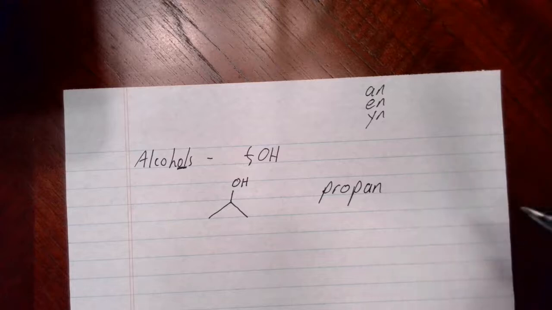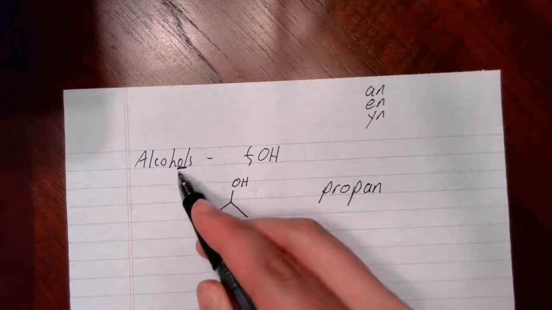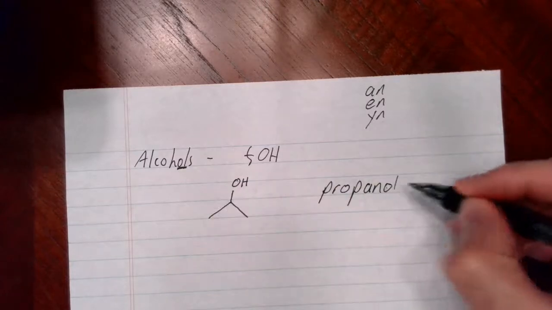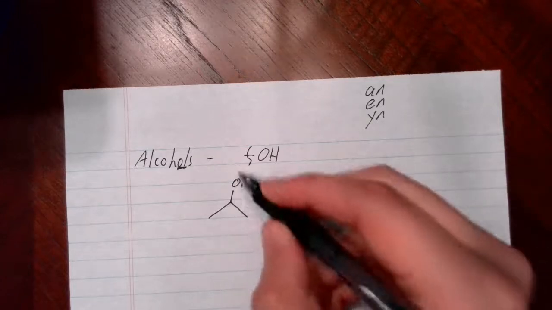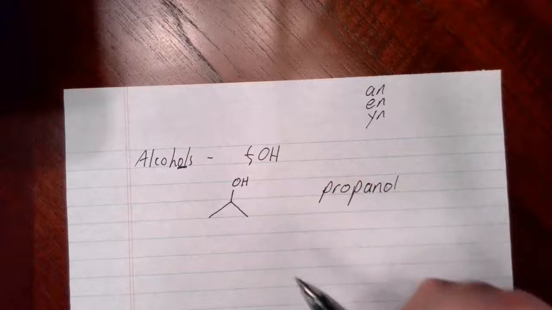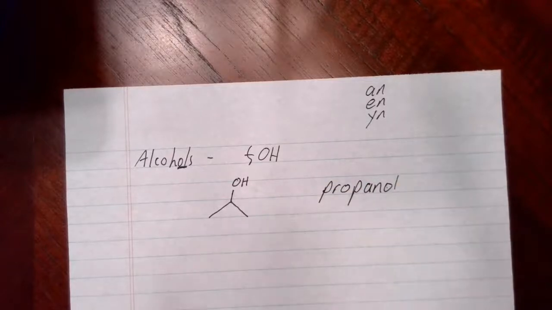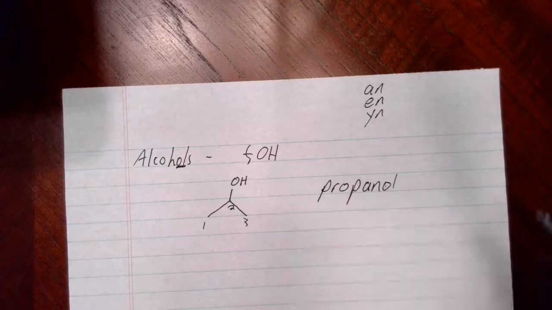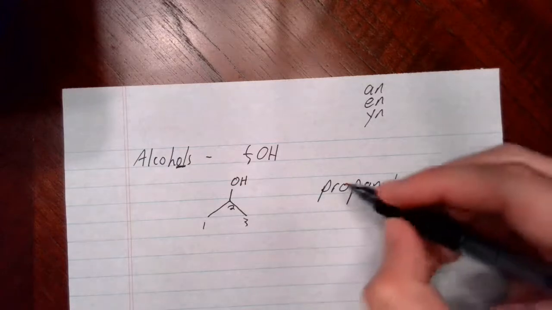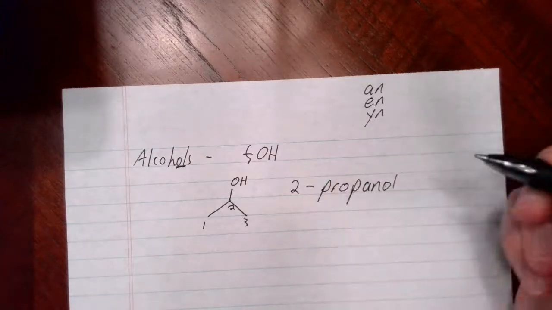So propan. Then we put the ending OL to tell me it's an alcohol. So now, as always, you have to tell me where the OH group is, so where the functional group is. So a functional group is just a group of atoms that aren't simply carbons and hydrogens bonded together with single bonds. So no matter which way we number it, it gives us the same number for the carbon the OH is bonded to. So we have 2-propanol.